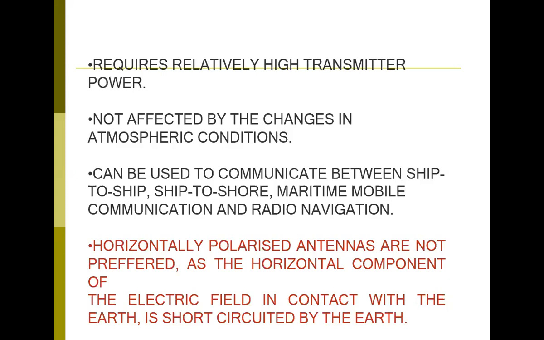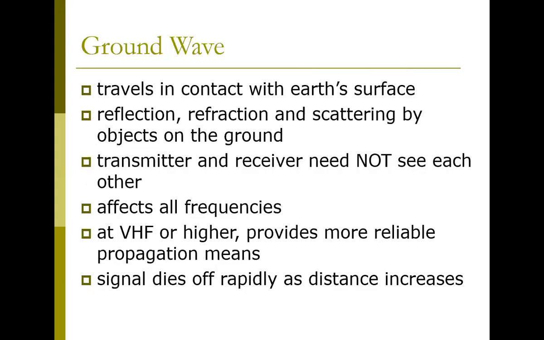For this purpose, we always prefer vertically polarized antennas, because horizontally polarized antennas may get impacted by the Earth's surface. In continuation, the ground wave travels in contact with the Earth's surface, very close to it.